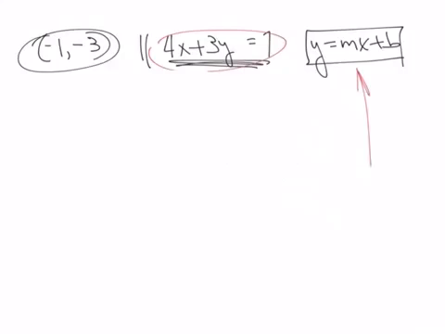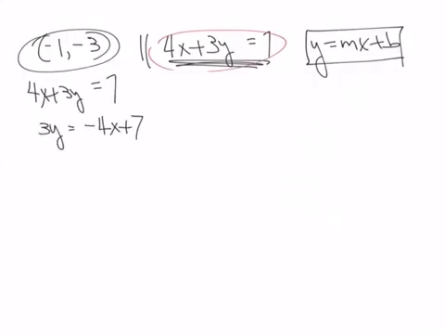Alright, so first of all, before we do anything else, we need to put this equation, 4x plus 3y equals 7, in slope-intercept form. So let's do that first. 4x plus 3y equals 7. Now we have to get the y by itself, so we have 3y equals -4x plus 7.